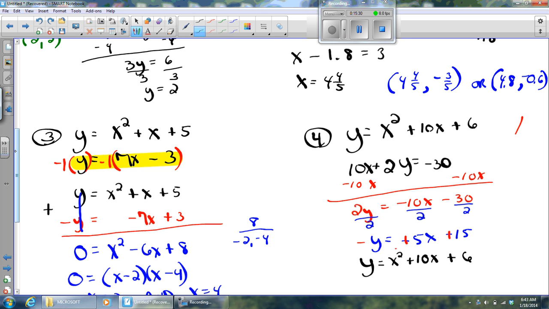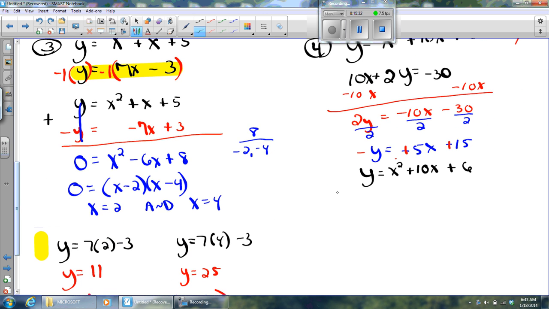Okay, and I'm getting worried. I wonder if I have one that's not going to be solvable. It's okay if that happens. All right, let's see. These are going to cancel. I'm going to get a 0. I get x squared plus 15x plus 21.